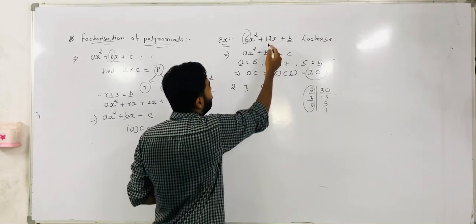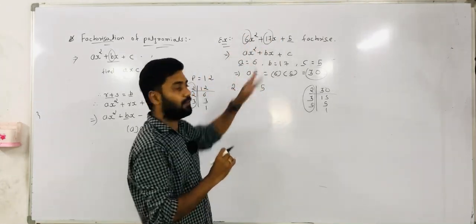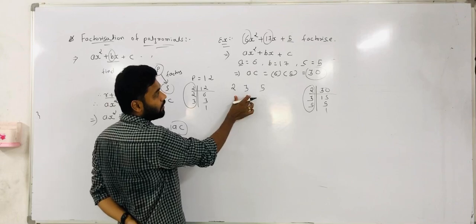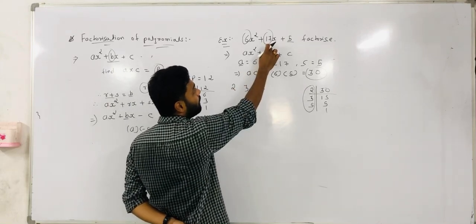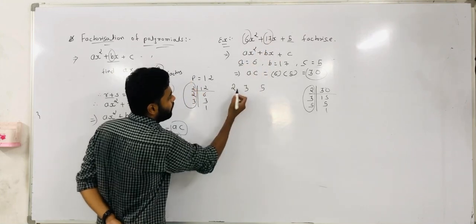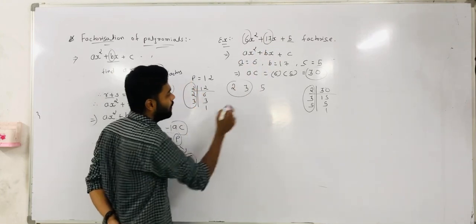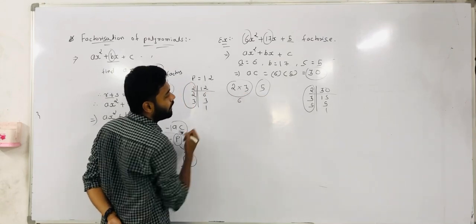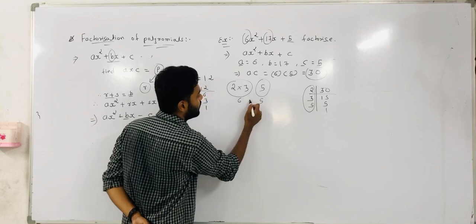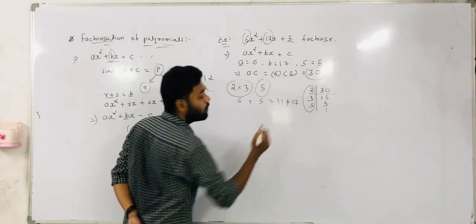What do we have to find? The middle term is what? 17. So from these factors you have to find two factors such that you will get 17. So if we take 2 into 3 as one factor and 5 as another factor, so 2 into 3 you will get 6, and here 5. 6 plus 5, that is 11, that is not equal to 17.